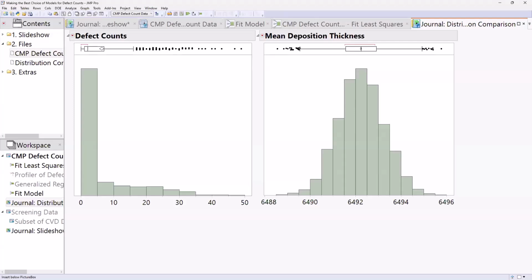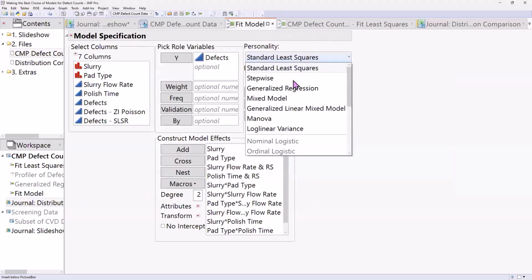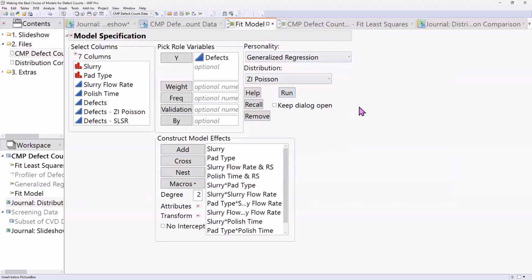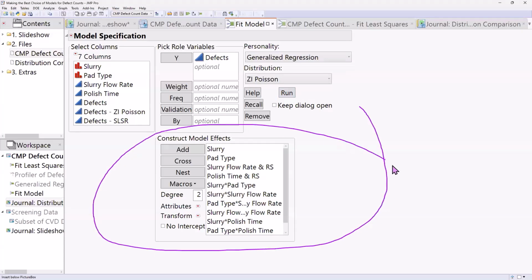So what are some better options? I'm going to stick within the regression family of strategies for this session. We're going to focus on generalized regression. Same as before, just pointing out the model effects, constructing a response surface model.